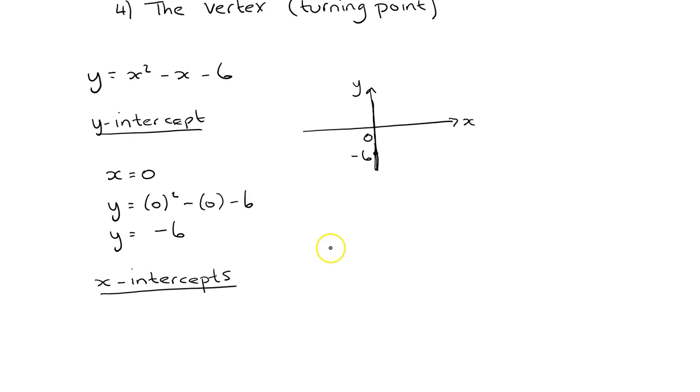Similar to looking at the y-intercept, with the x-intercept we're looking at where the parabola is going to cross the x-axis. We don't know where on this axis it will be, but the one thing that we know is that the y value at this point or points will be 0. So for the x-intercepts, we know that y is equal to 0.